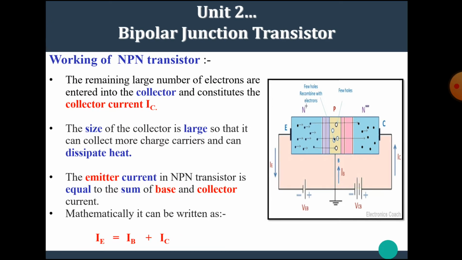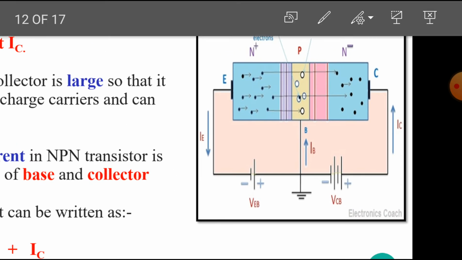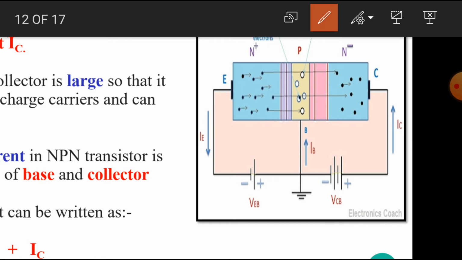But in this process, these electrons from the emitter enter, but the base area is small and lightly doped.